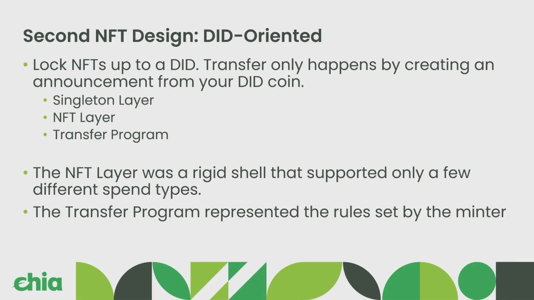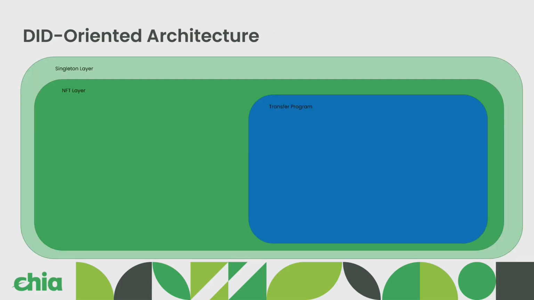So the NFT layer in this version was a rigid shell that just supported a few different spend types. And anytime you tried to spend it, it would basically say, this spend is only valid if the DID says so. And we had a transfer program as well, represented here by blue.